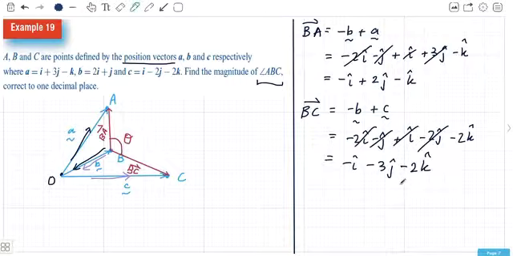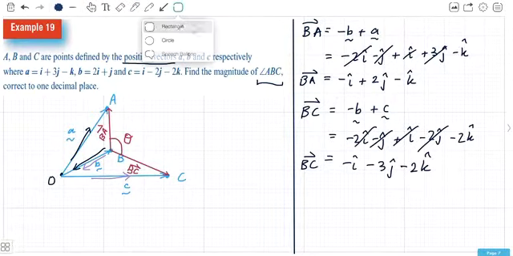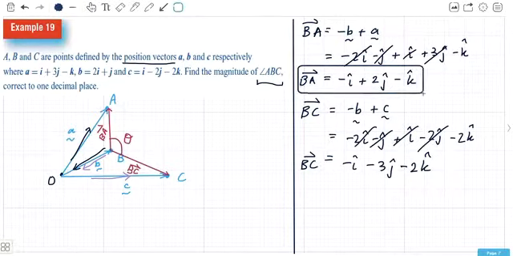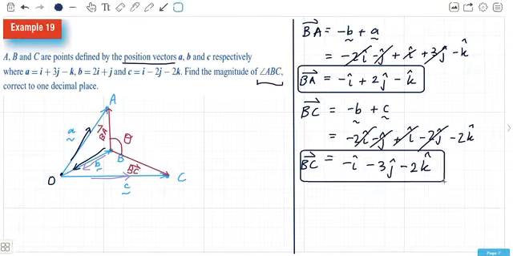So there are the vectors, and I'll write them here and put a little box around them, because they're going to be really central to the rest of the work that we do. So there's B to A and B to C. What we're interested in doing here is finding the angle theta. Remember, if we want to find the angle, we can use the dot product.